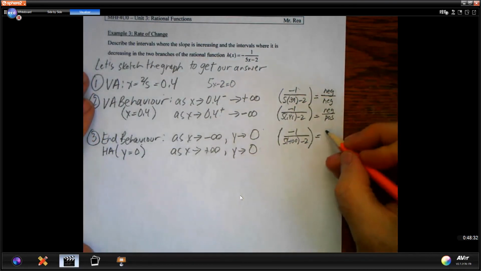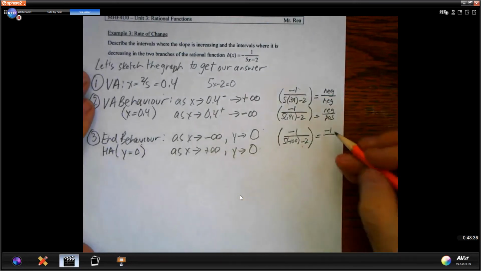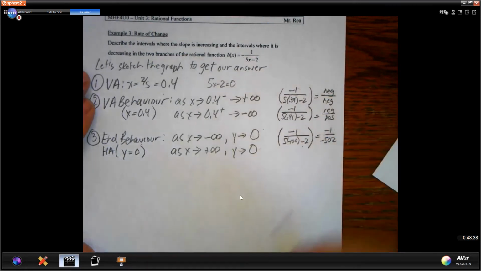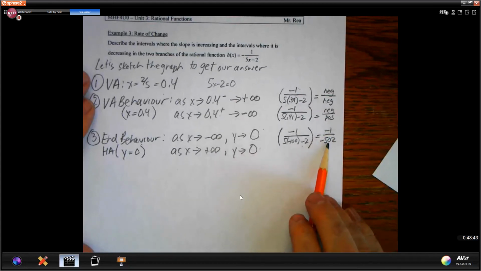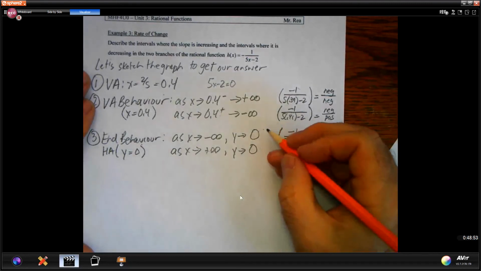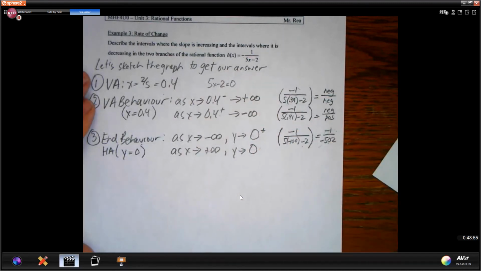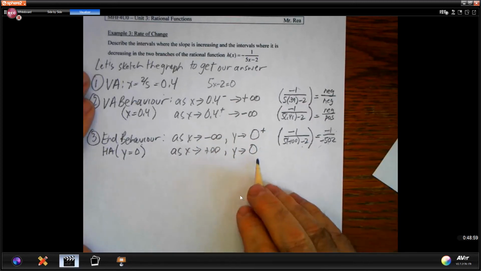So I'm going to have a negative 1 on the top. On the bottom, I have negative 500 minus 2, so negative 502. Okay, so you can see that that's a very small number, so it's very close to 0, and the overall sign is positive, so it's going to be approaching 0 from the positive side because we have 2 negatives. So I'm going to put my plus sign there. It's approaching from the positive or the top side of the horizontal asymptote.